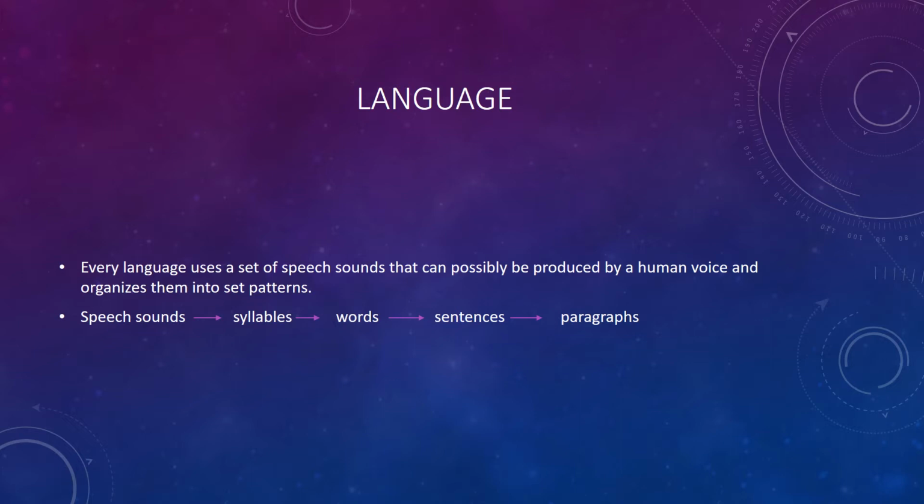Out of them, each language selects for itself some sounds and they are organized into set patterns. For example, speech sounds together make syllables, syllables together make words, words together make sentences, sentences make paragraphs.